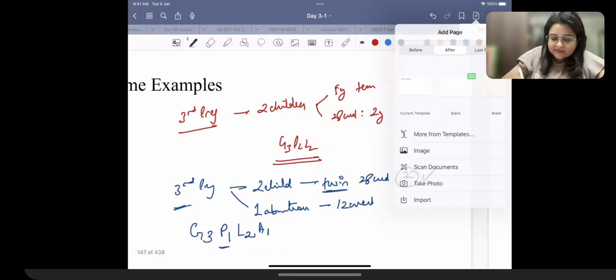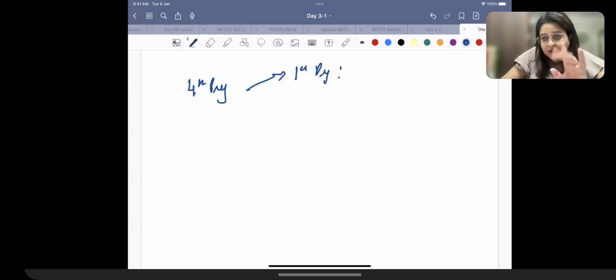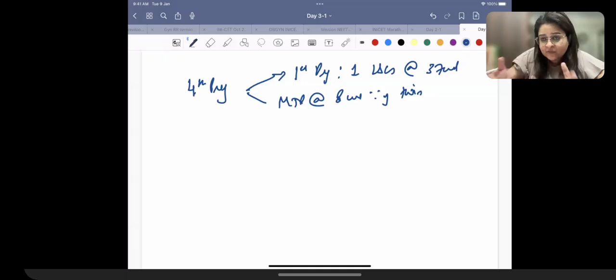One more example. Suppose this is her 4th pregnancy. The first pregnancy, she had one girl. LSCS was done at 37 weeks, and that baby is fine, alive. Then she conceived twins and didn't want to carry them, so she had an MTP at 8 weeks.